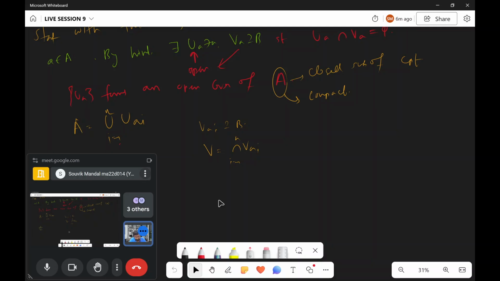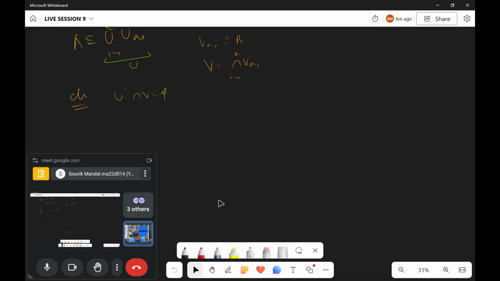the claim is that U intersection V is equal to empty. So if t belongs to U intersection V, this implies t belongs to UAi for some i and t belongs to VAi for all i. So this implies UAi intersection VAi is non-empty for some i, correct?